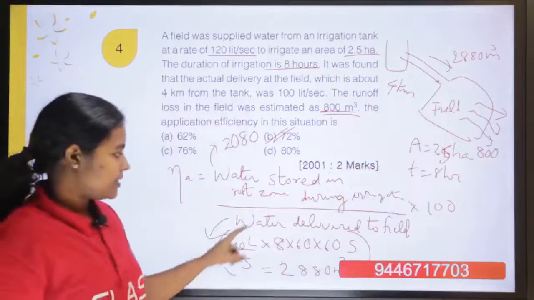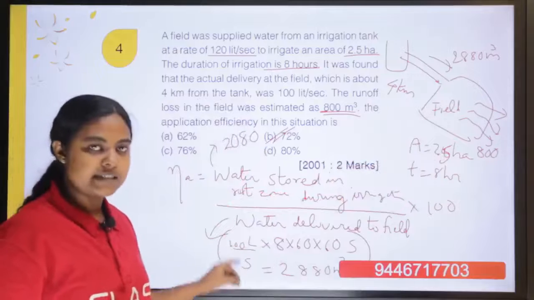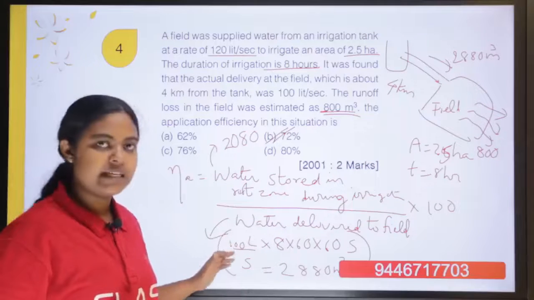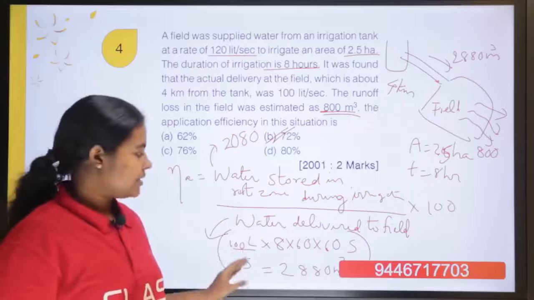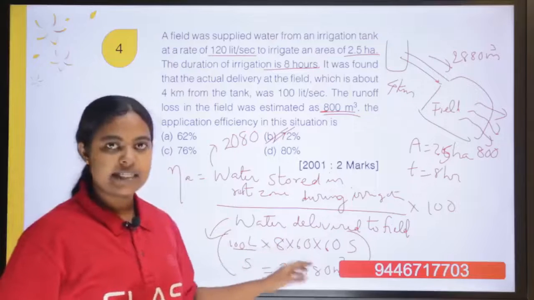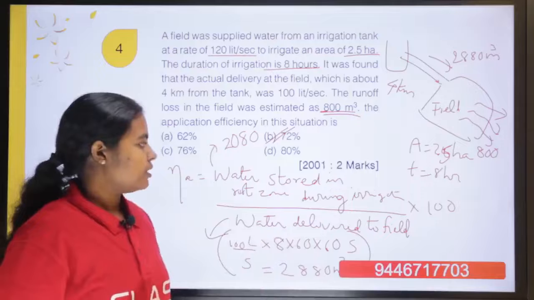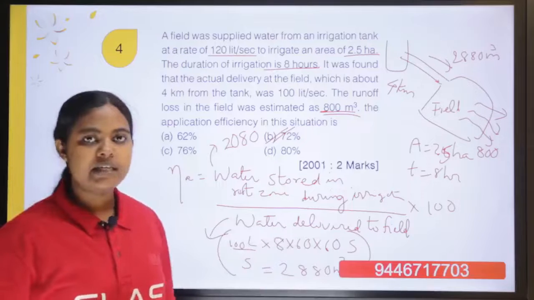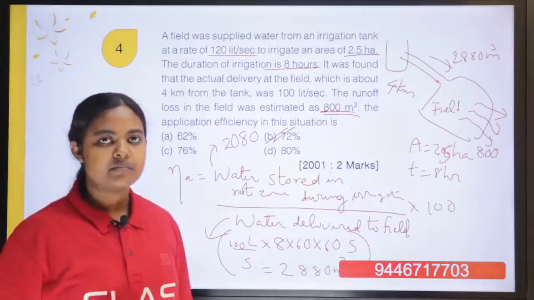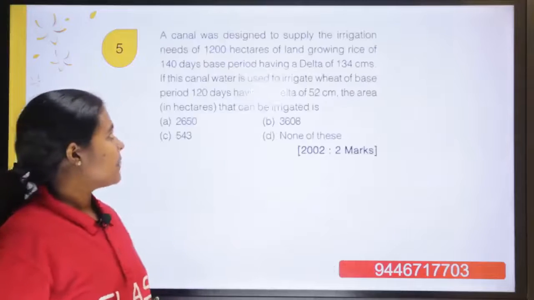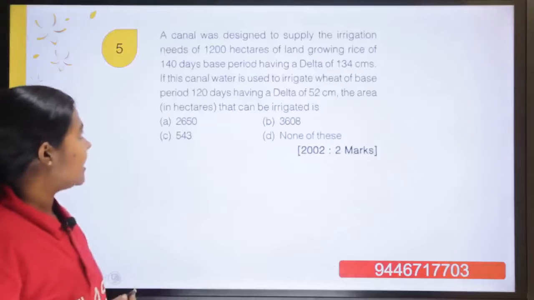So water is supplied to the field at the rate of 100 liters per second. That is why we used 100 liters per second here, and it is supplied for 8 hours. Okay, so that answer will be B, 72%.